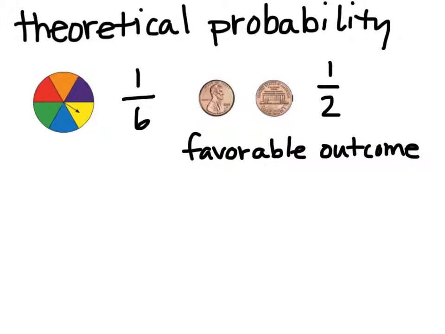We call this the theoretical probability. You know that the coin lands either as a head or as a tail. You predict that the outcomes are equally likely.